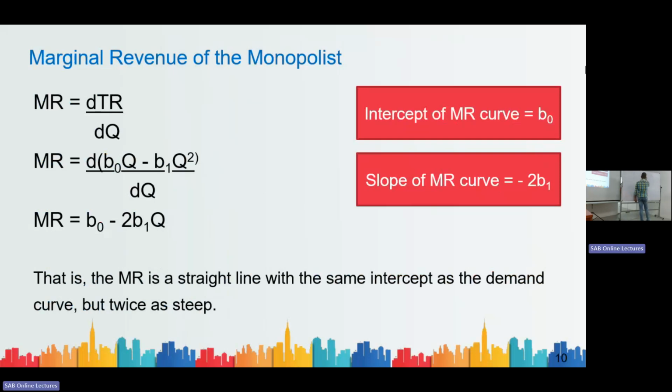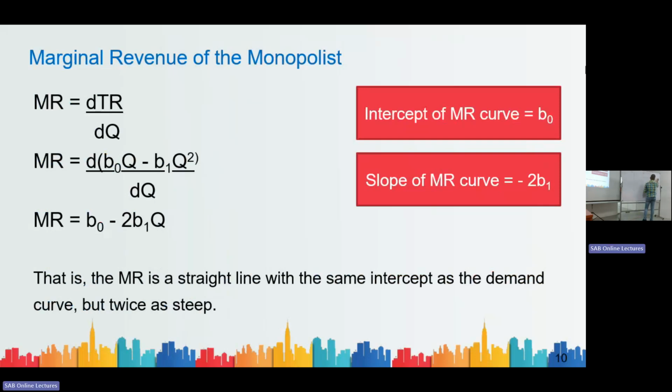When it comes to the marginal revenue curve, the marginal revenue curve becomes twice steeper than the demand curve. So we have a slope of minus 0.2 in the demand curve, and in the marginal revenue curve, the slope will be how much?